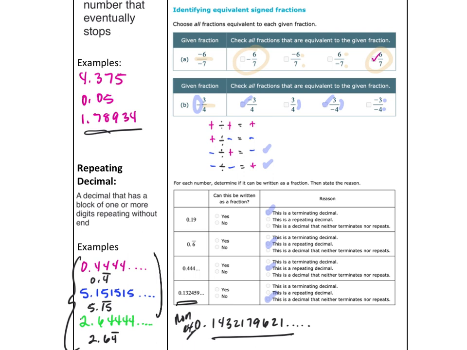So therefore, we can't write it as a fraction. If a decimal looks like these, terminating or repeating, we can write those as fractions. If it's not one of those, then we can't write it as a fraction. Like pi. Pi cannot be written as a fraction, so it's not considered a rational number.